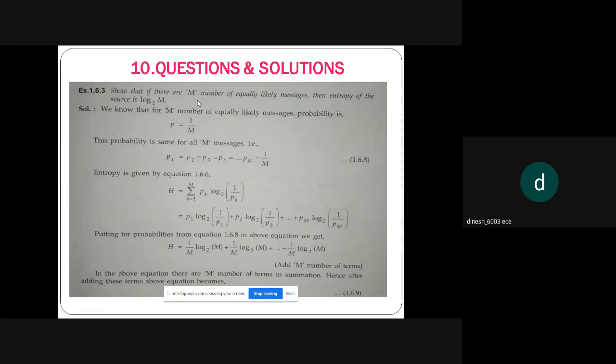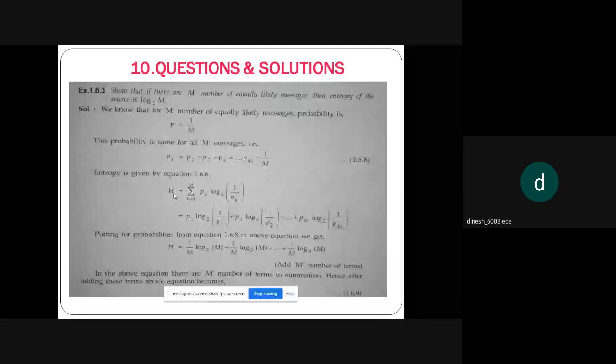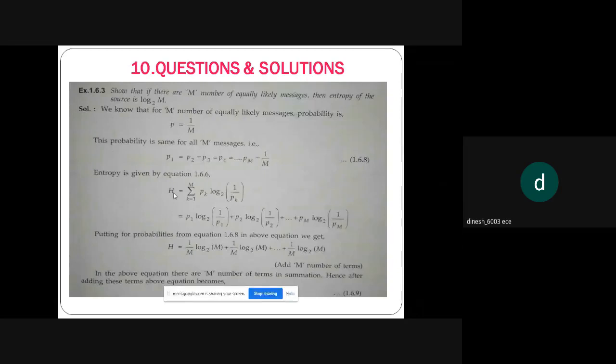Now we are going to simply substitute that in the required entropy. The entropy formula is H equal to summation k equal to 1 to m of Pk log to the base 2 of 1 divided by Pk.